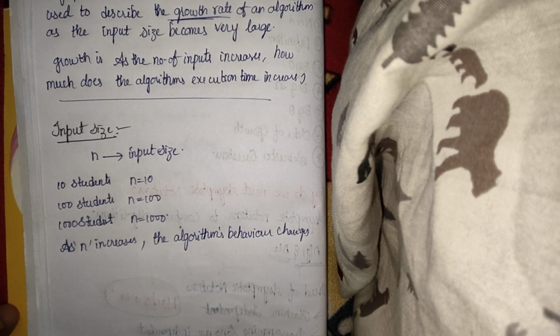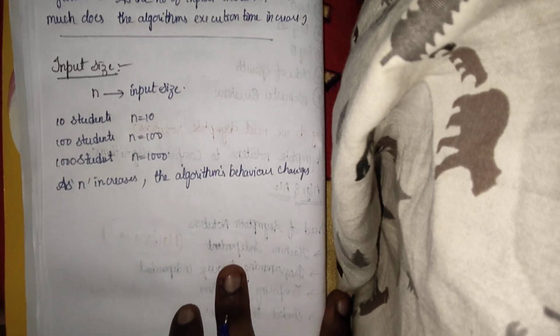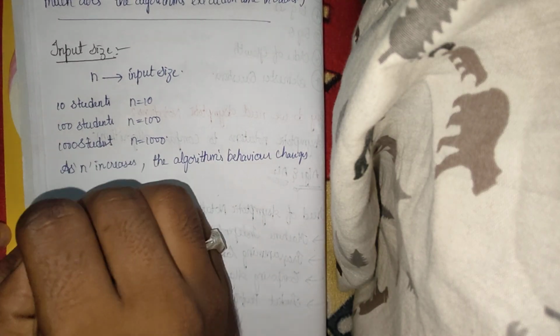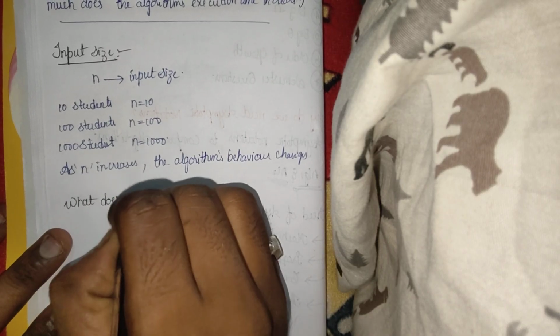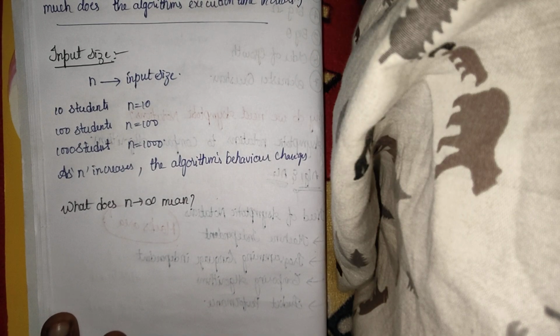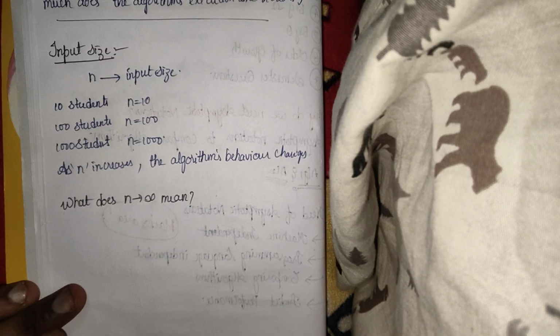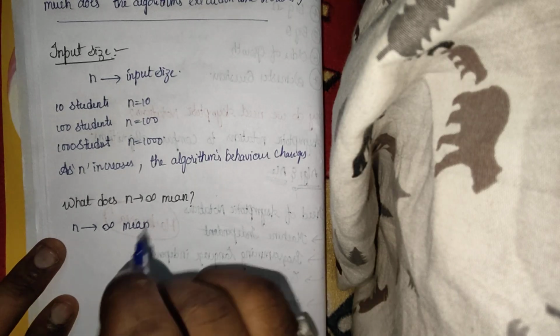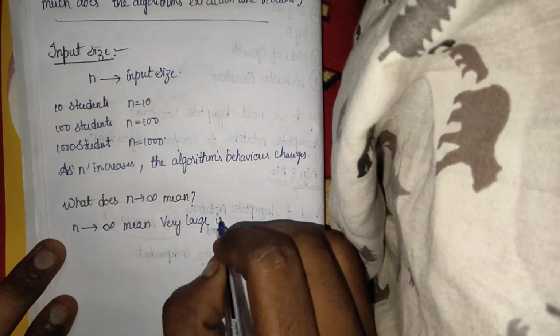Hope you understand. Now I'm going to explain what n tends to infinity means. One of the most important topics. What does n tends to infinity mean? n tends to infinity means very large input.